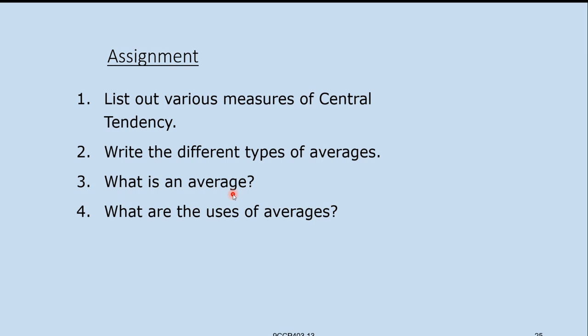You have to explain what an average actually is, the meaning of the average, and what the uses of averages are. You can also think of the uses of averages as objectives. And lastly, list the limitations of averages.